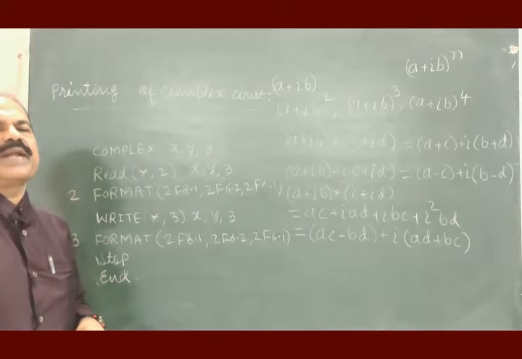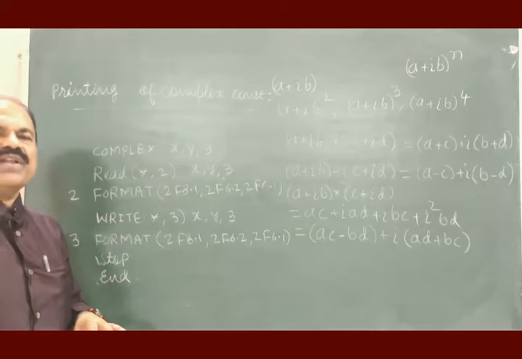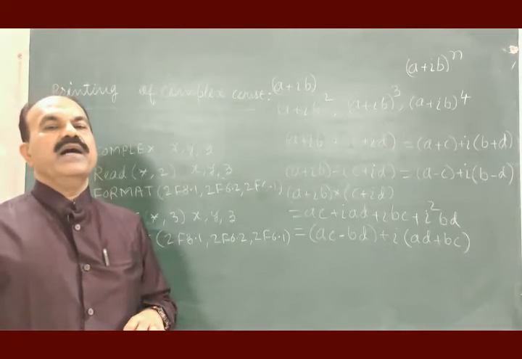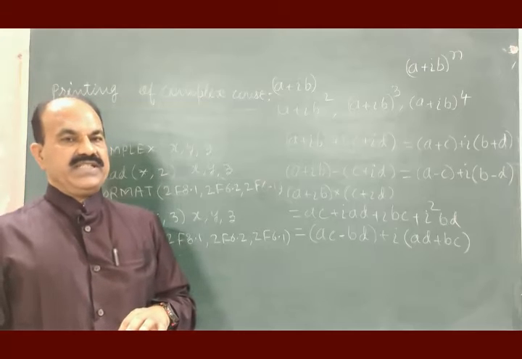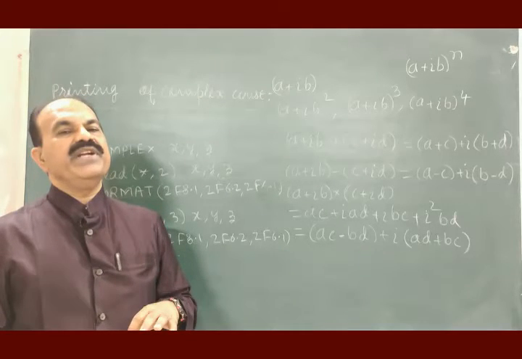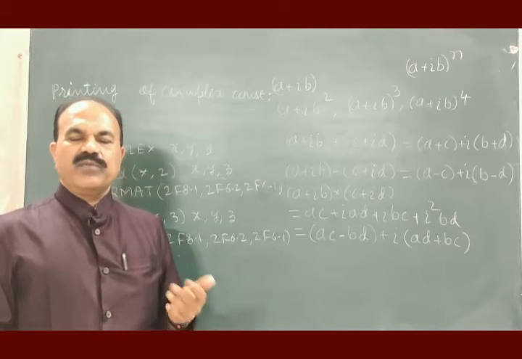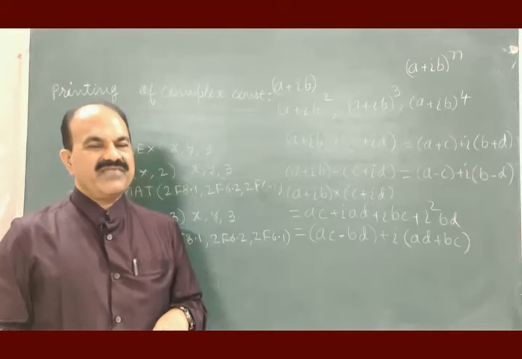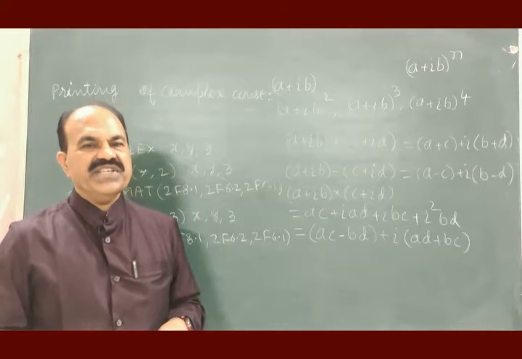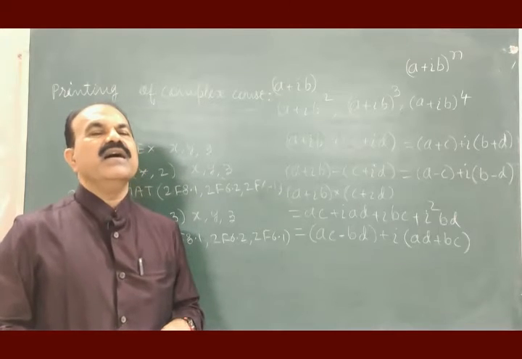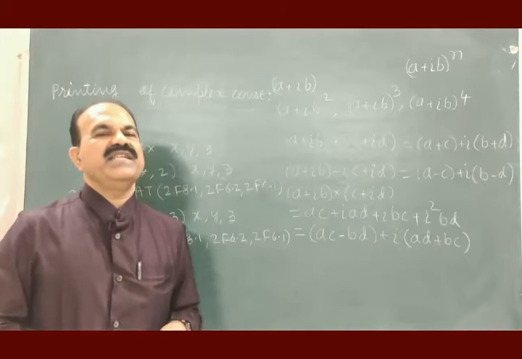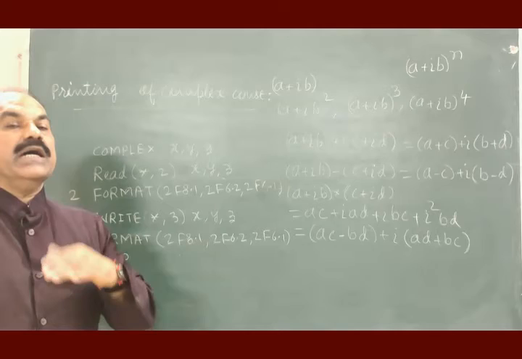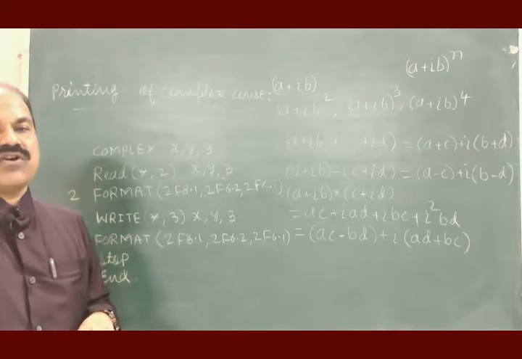After having known these primary things about complex data and how to use and manipulate the complex data, how to read and print complex data, what is the meaning of a complex constant, what is the meaning of a complex variable, how to specify these, the next part of complex data is the complex library functions.